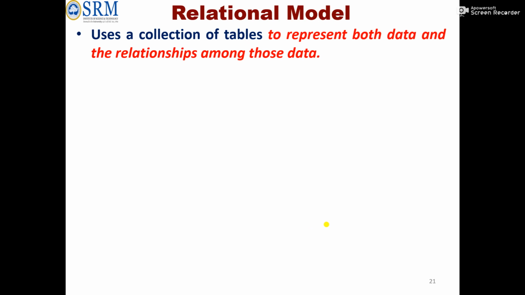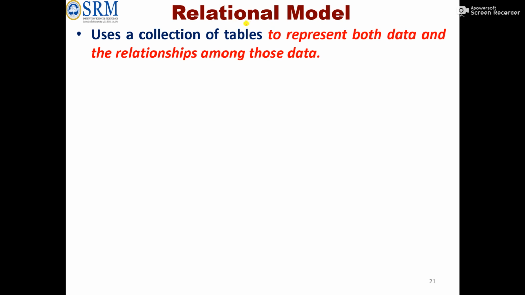Now I'm just giving the abstract view of what the relational model is. This relational model uses a collection of tables. The reason I am having a table is to represent both the data as well as the relation. That's why it is called a relational model.